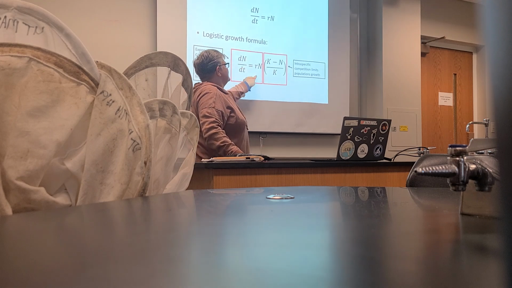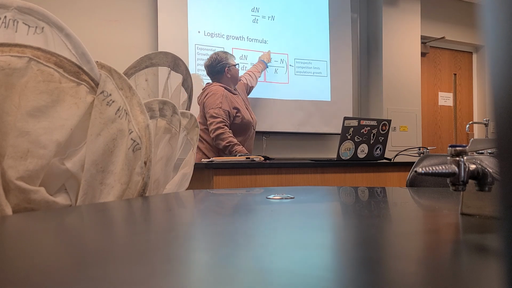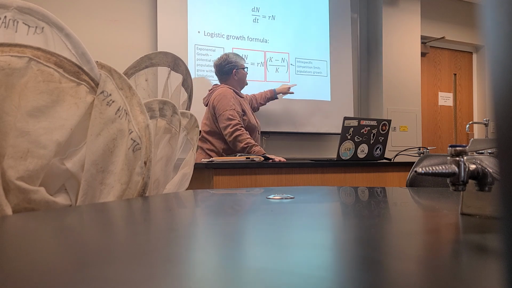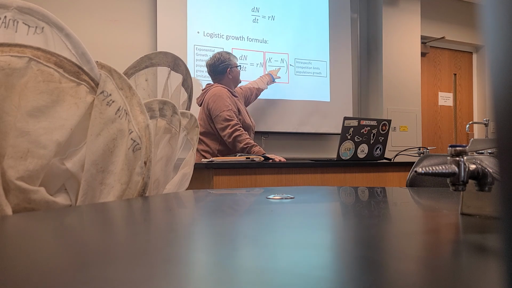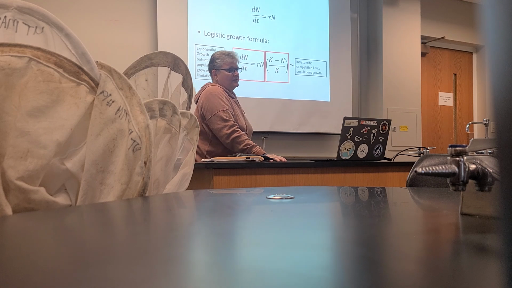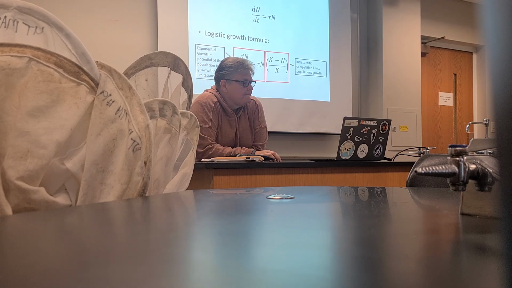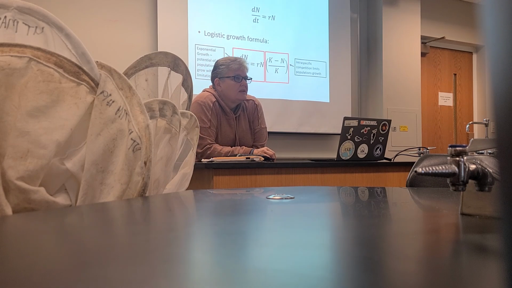So this represents exponential growth. This represents logistic growth. The whole formula represents logistic growth. And this represents intraspecific competition limits on our exponential growth. All right. Any questions about what the pieces of the equation mean?